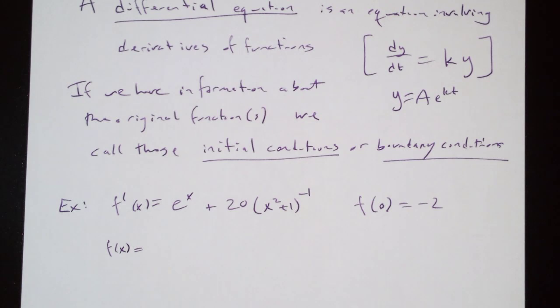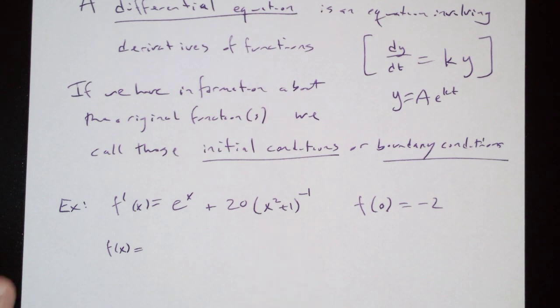The e to the x part's easy. It's the other part, isn't it? So what do I do with that? You're going to make the one on x. Careful, it wouldn't be 1 on x. It would be 1 on that whole thing, wouldn't it?